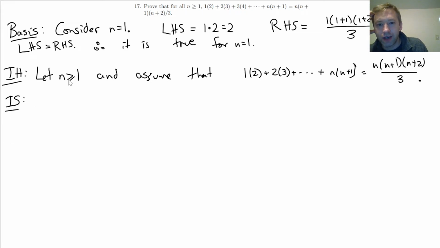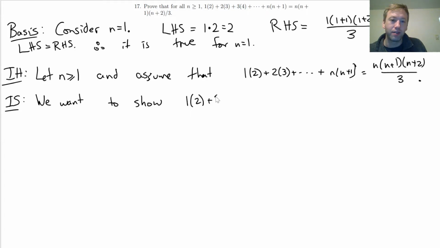Okay, so let's now do the inductive step. We want to prove this thing for n plus 1. So we want to show that 1 times 2 plus 2 times 3 plus dot dot dot, I'll write n times (n+1) and then (n+1) times (n+2).